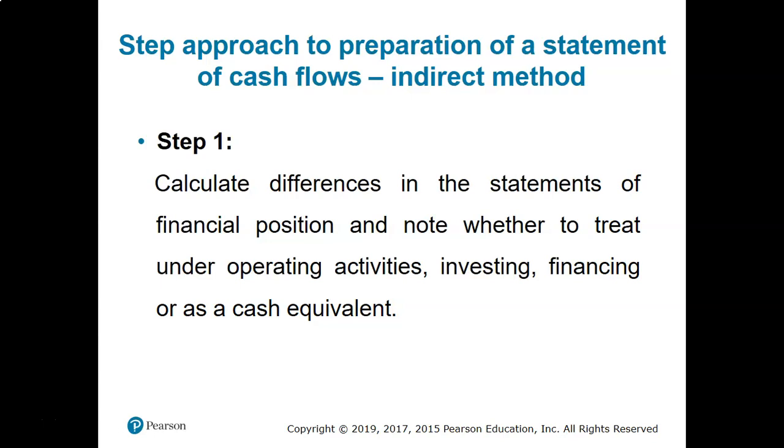So what's the difference? We have to find out the difference. Then what we have to do, note whether the differences are supposed to be adjusted with operating activities, investing activities, or financing activities or cash equivalents.